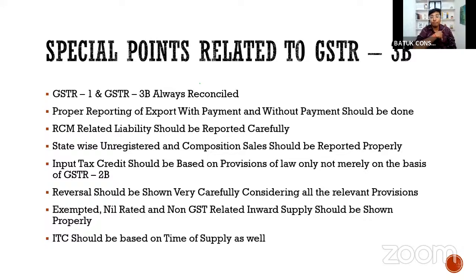It will be a proof and a working paper for you while filing the returns, and an assurance that we are filing the return as per the provisions of law. We should ensure that the reversal calculation is perfect, with no issue in the reversal calculation of rules 42 and 43.